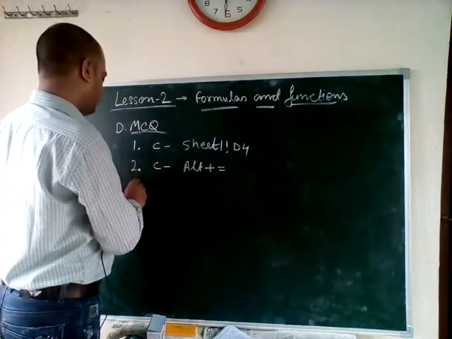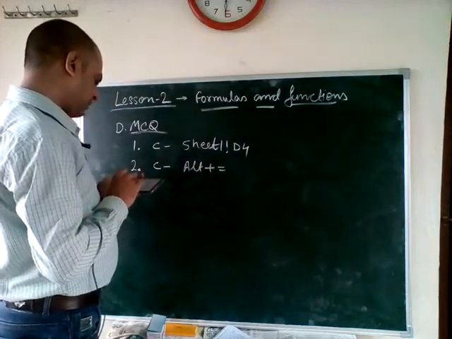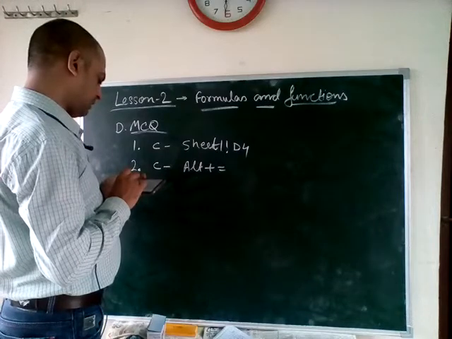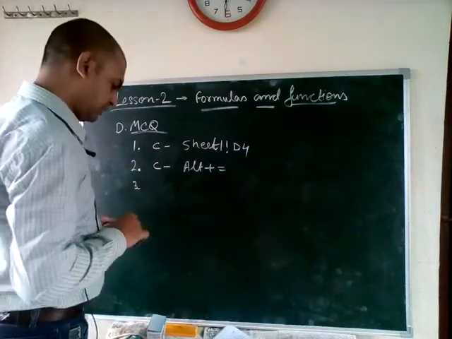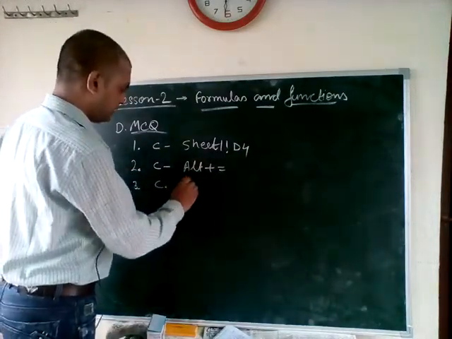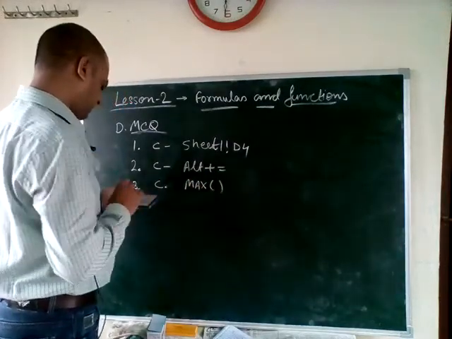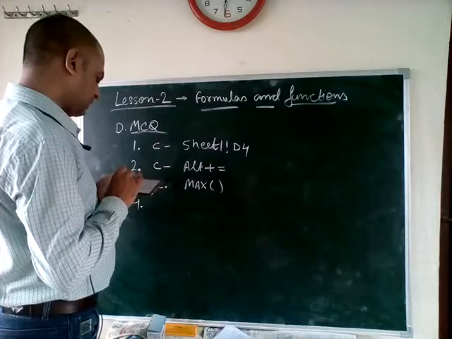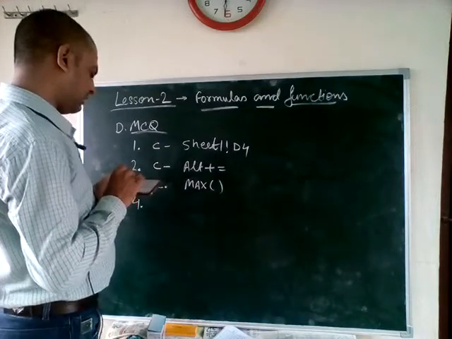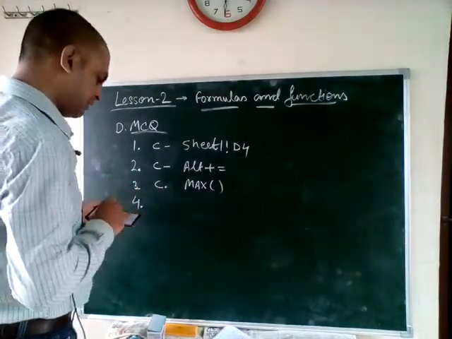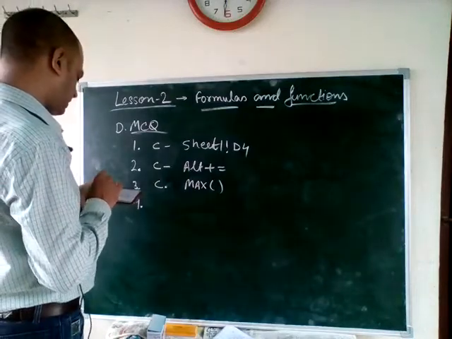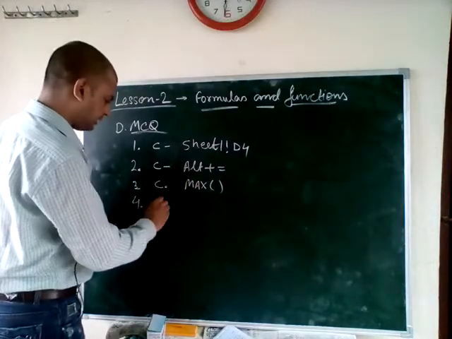Number 3, which function finds the largest number in a range? So this is very easy, C option, max. And number 4, which of the given cell reference can be used in the relative reference? Relative reference will change, so we will use option number B, A3.